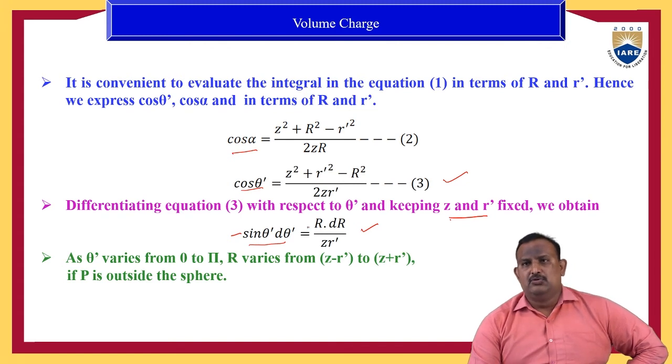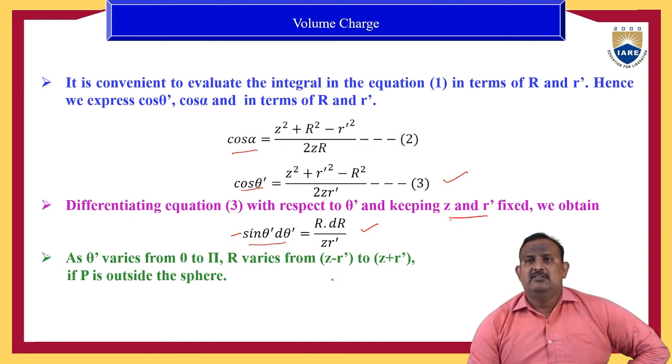Next, we need to change the limits of theta also. As theta varies from 0 to pi, the value R varies from z minus r to z plus r.